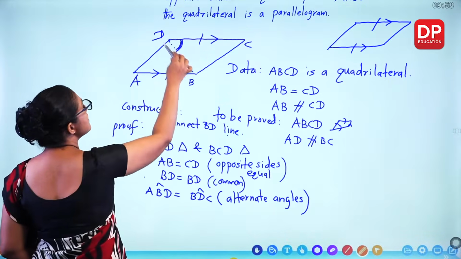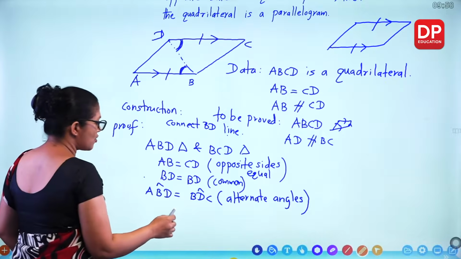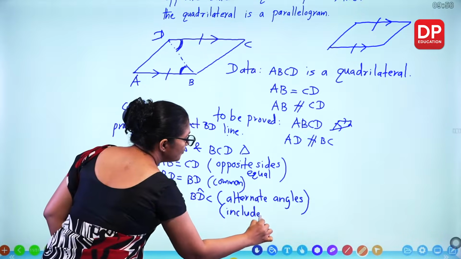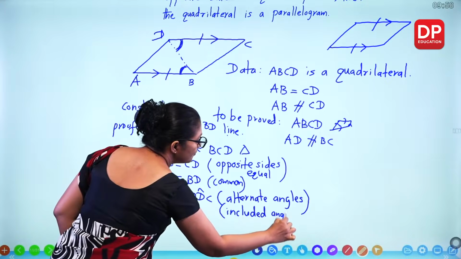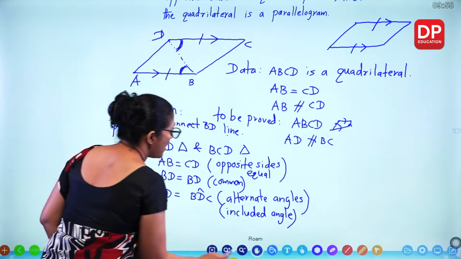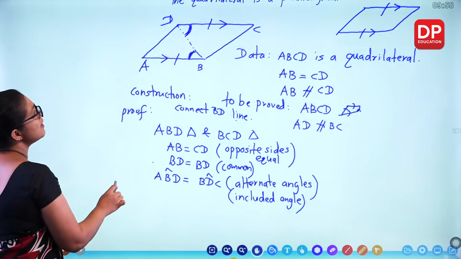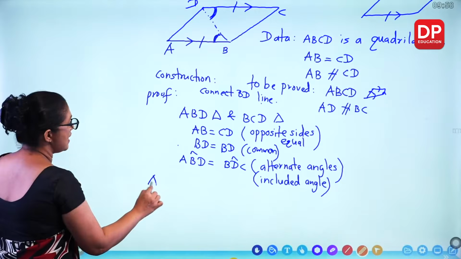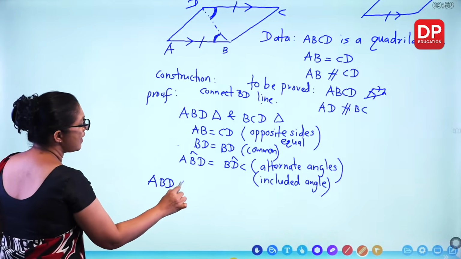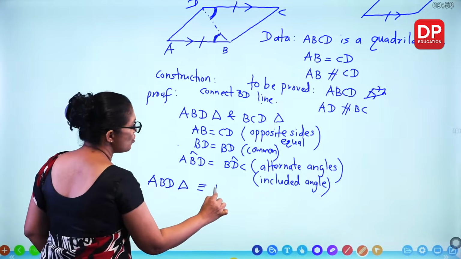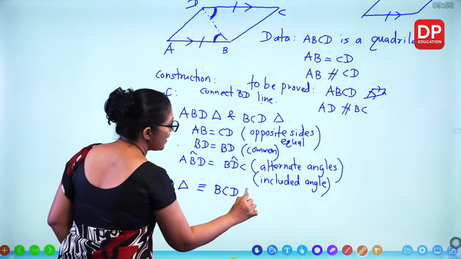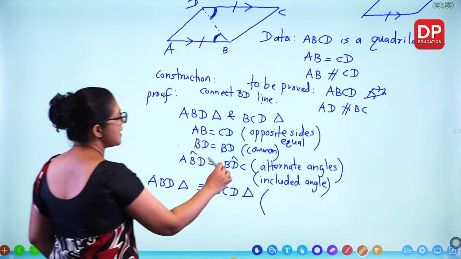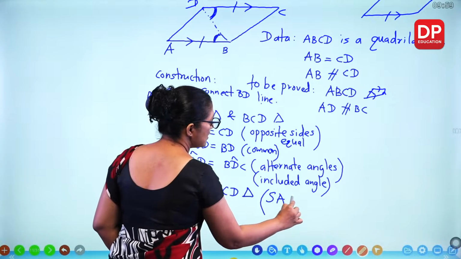Side, angle, side, and this is also the included angle. So included angle and two sides equal, that means triangle ABD is congruent to triangle BCD. Side, angle, side.